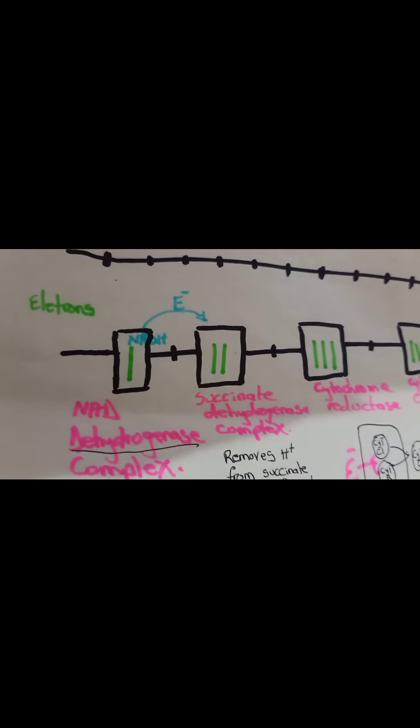As you see, it's a dehydrogenase, so it will remove hydrogen from NADH and give the electron to complex number 2. Complex number 2 is called the succinate dehydrogenase complex. If it is succinate, as you know, this one removes hydrogen from succinate and converts it to fumarate, and this is a step from the Krebs cycle.